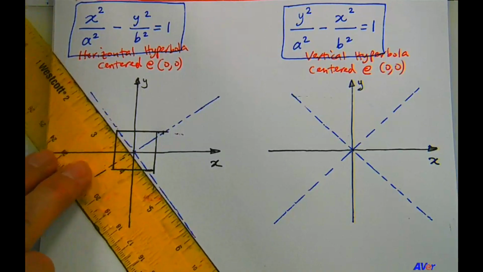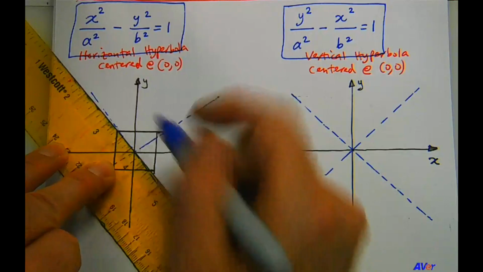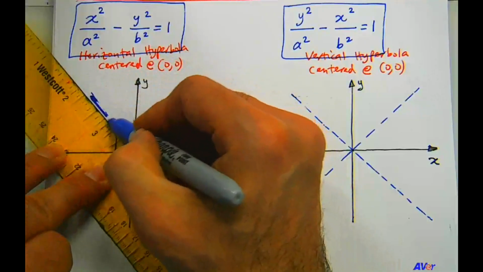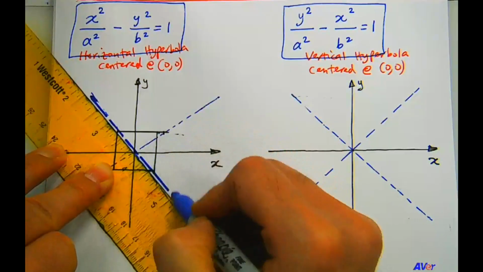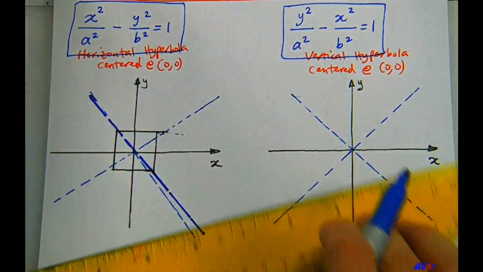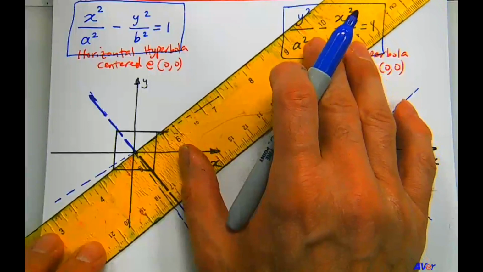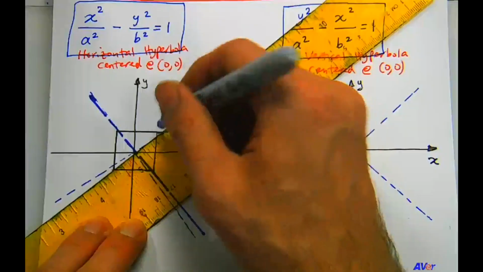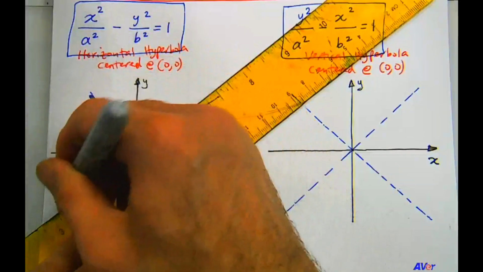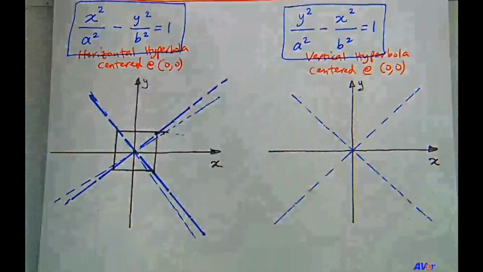I'm going to just make a correction so that this is going better, like that. That's better. And then that set of asymptotes should go through like that.